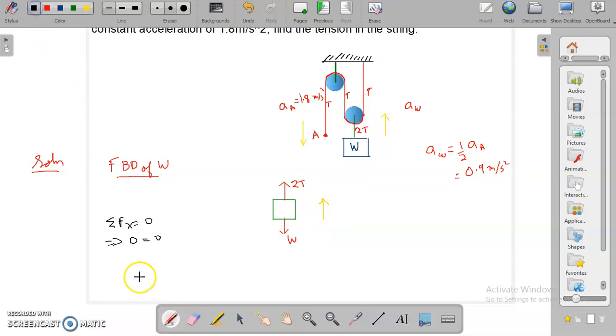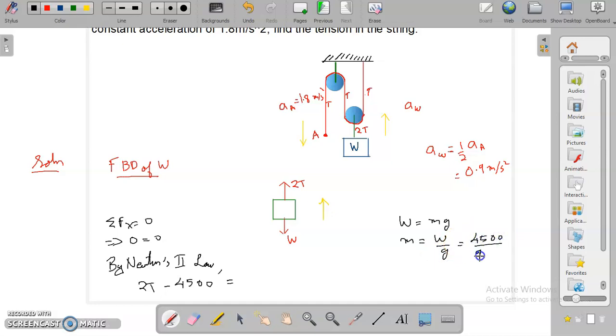By applying Newton's second law, we can write 2T minus W, and W is given in the question as 4,500, equal to mass into acceleration. Since W equals mass into g, mass equals W by g, that is 4,500 by 9.81.